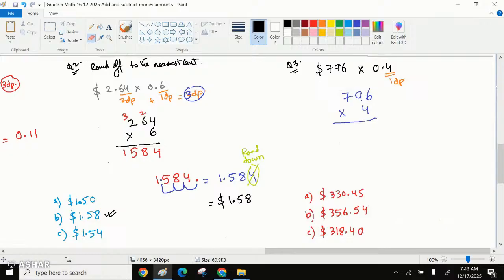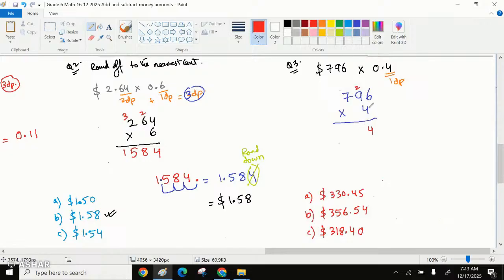Did I copy the correct options? 796.4, 330.45, 356.54, 318.40. Okay, that's fine. 6 times 4 is 24. We keep the 4. We carry the 2. 9 times 4 is 36.